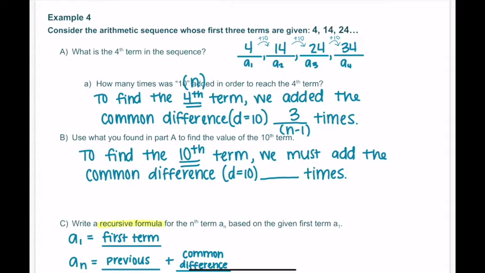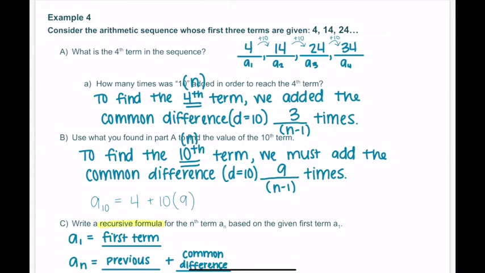All right, so let's use that to find the 10th term without counting or without adding 10 so many times. Remember, if we're looking for the nth term, we're going to add the common difference n minus 1 times. So to find the 10th term, we're going to add that number 9 times. So we're looking for a sub 10, the 10th term, and that's going to be equal to, well, we started with 4, and we're going to add 10, which is our common difference, 9 times.